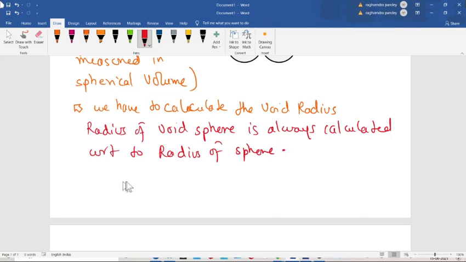So we calculate the radius of the void, or the spherical void, or void sphere, whatever you want to say.